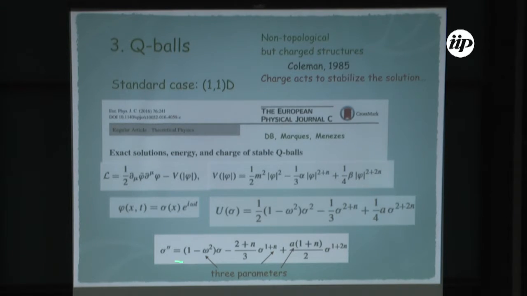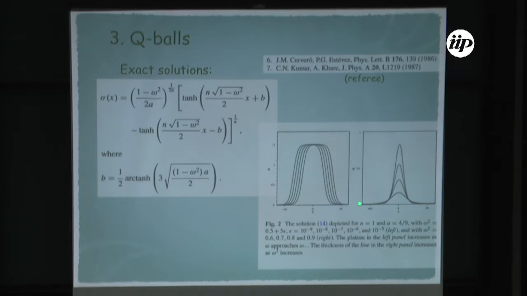And omega is restricted to an interval. I have A that I can use, and N that I can use. You solve this analytically for every N and A, and the solutions are here. You can control the shape of the solution with those 2 parameters.